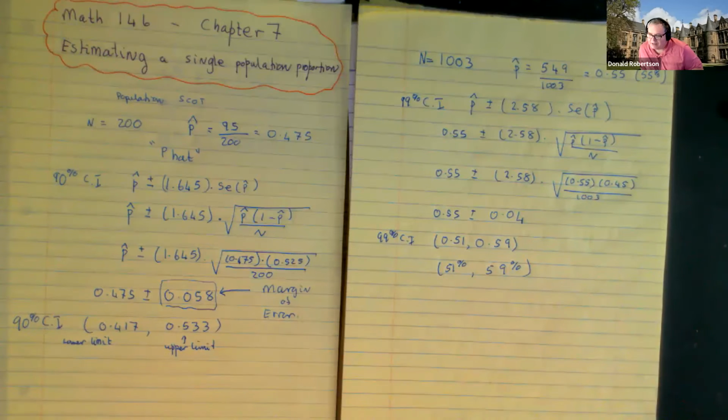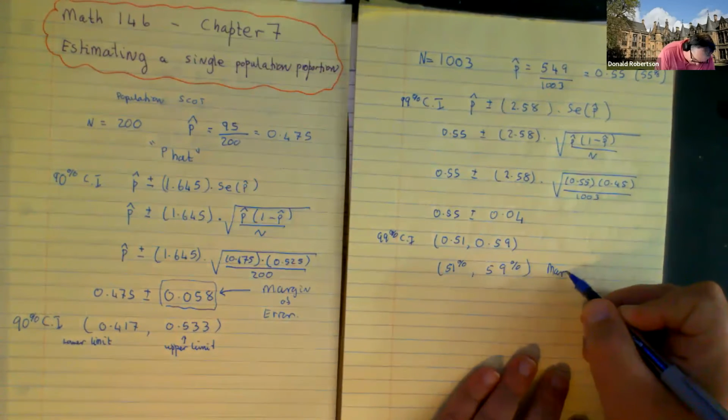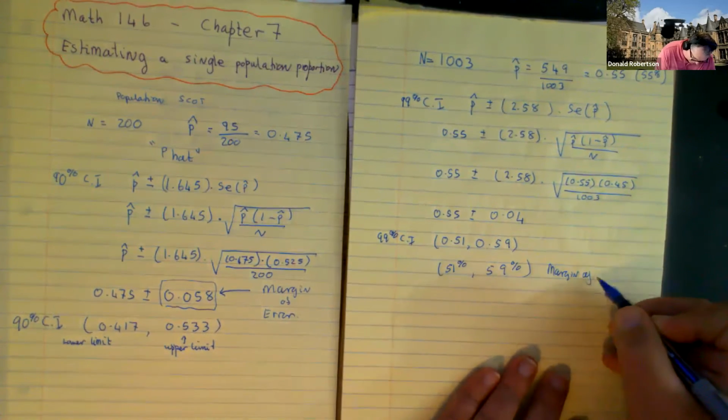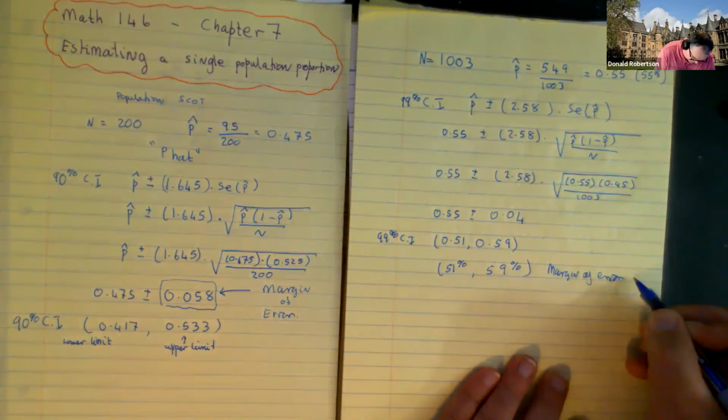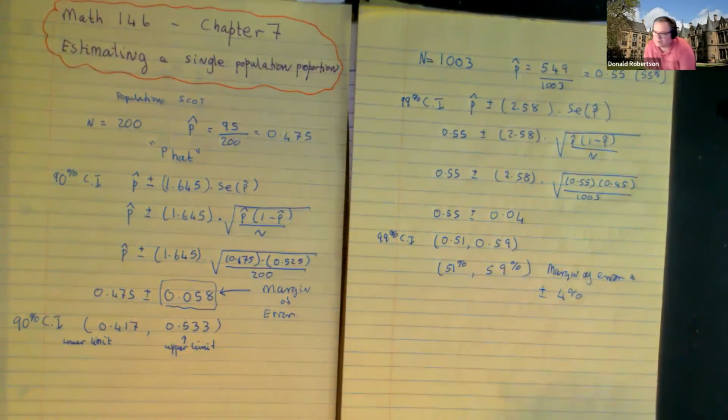Great. And if you are doing that on the local radio show, shouldn't you say the margin of error is plus or minus 4%? Have you ever heard them say margin of error plus or minus 2%, plus or minus 4%?